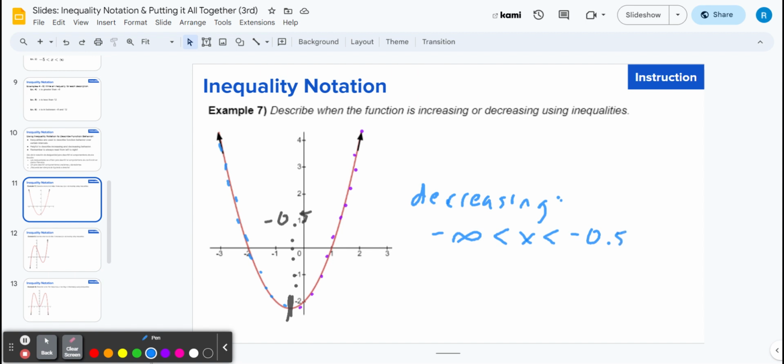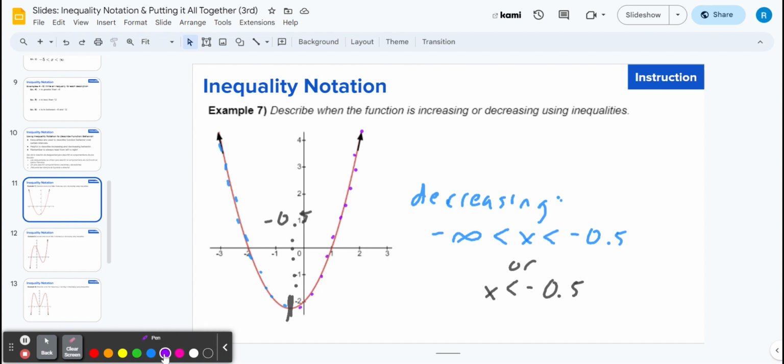So what this is saying is that the function is decreasing everywhere on the left up until that negative 0.5 spot, and then we start increasing again. If you want to, you can also write it just like x is less than negative 0.5 and not even include that negative infinity if you don't want to.